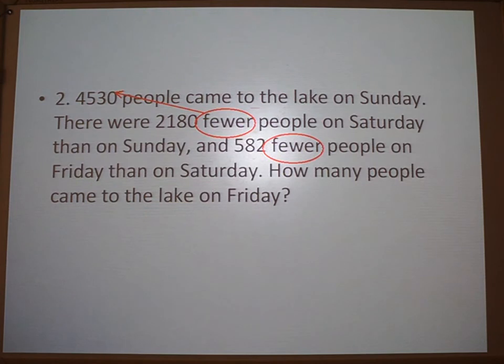It means minus. So for the second step, we need to compare the total number of people on Saturday and Friday. And for the first step, we will find out the total number of people on Saturday. Then we can compare the total number of people on Saturday to Friday.